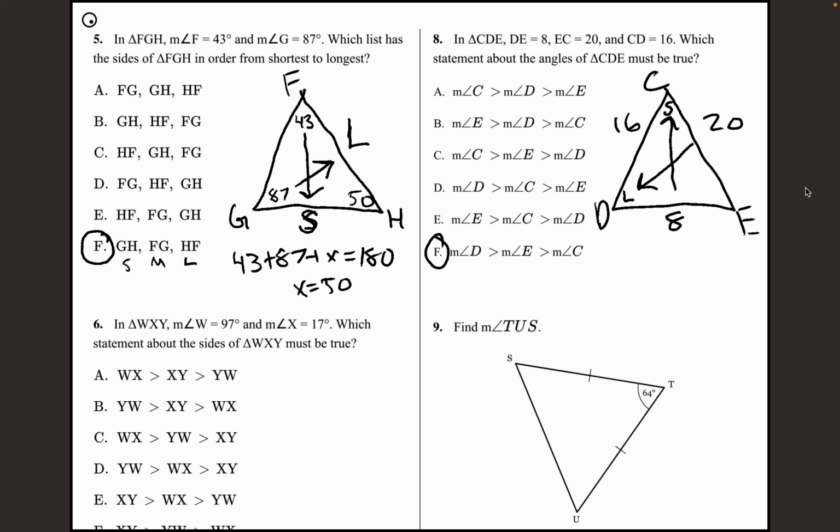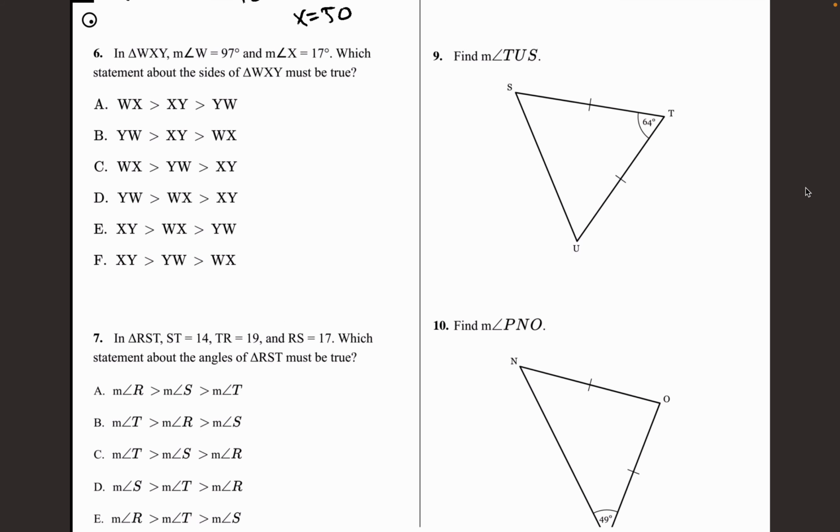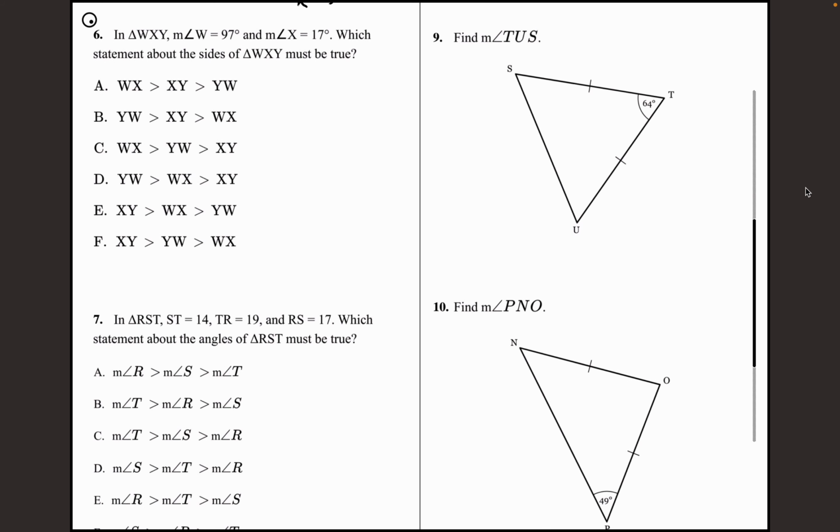Yeah, because they have to add up to equal 180. This is the longest and this is the shortest. It goes diagonal, so it's W, Y. X, Y, and W, Y. No, it's this one. No, because YW is the shortest. Yeah, exactly.